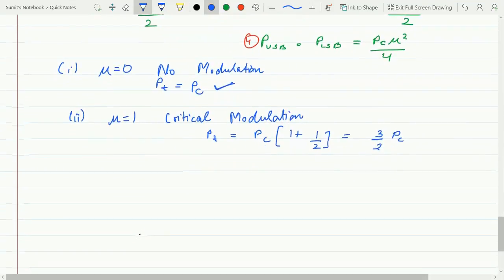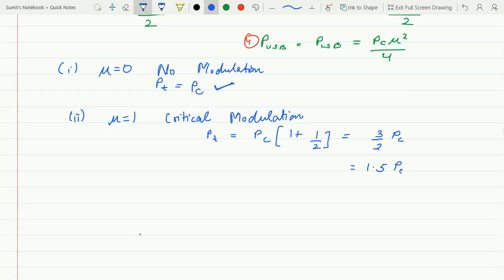So you are basically transmitting 1.5 times the power of the carrier signal, that is 50% more power than the original carrier power. Similarly, as you keep on increasing mu, this PT will keep on increasing.